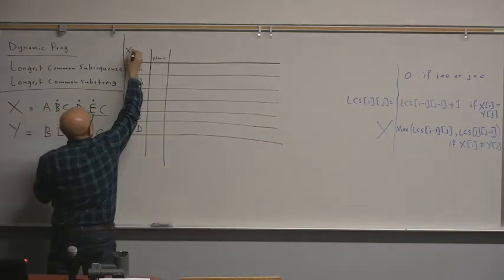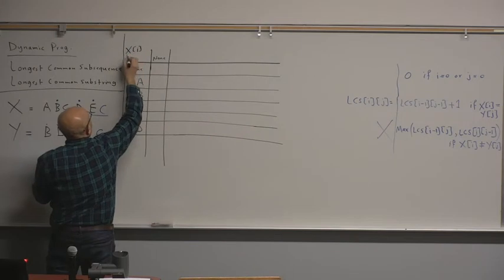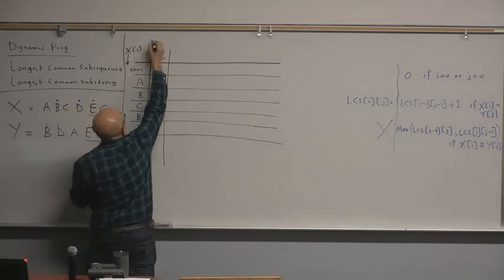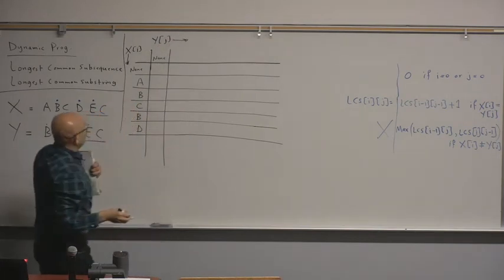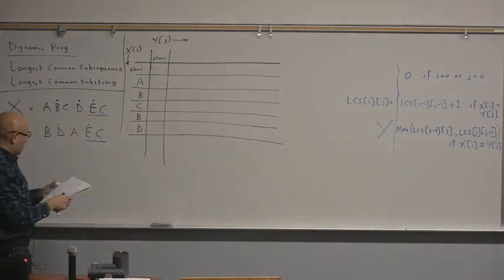So this is x of i, and this is y of j. j is the column number.